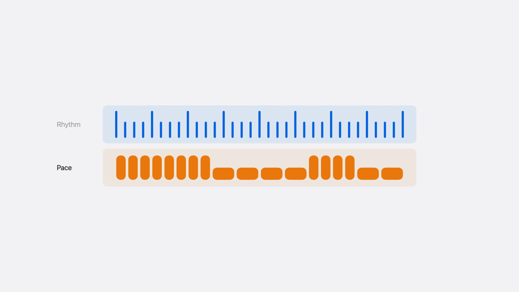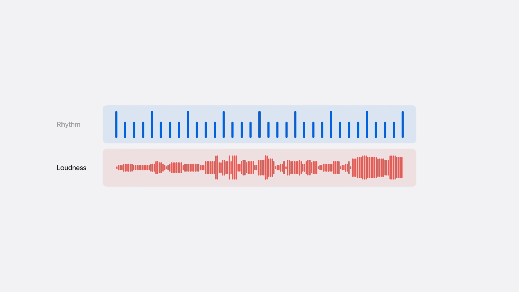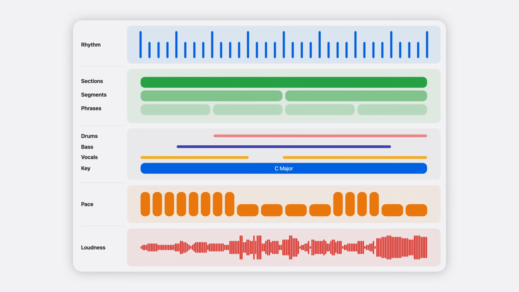This is called pace. Over time, the song may sound louder at some points than others. These are the building blocks of the Music Understanding framework. And by integrating it in your app, you unlock a whole new level of possibilities.